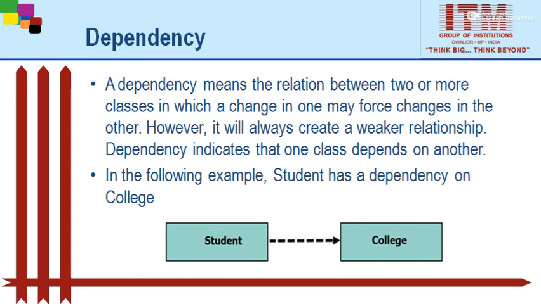A dependency means a relation between two or more classes in which a change in one may force changes in the other. However, it will always create a weaker relationship. That means one class depends on another. In the example, you can see that a student is dependent on the college, which is true. And this dependency relationship is shown by this dashed arrow.